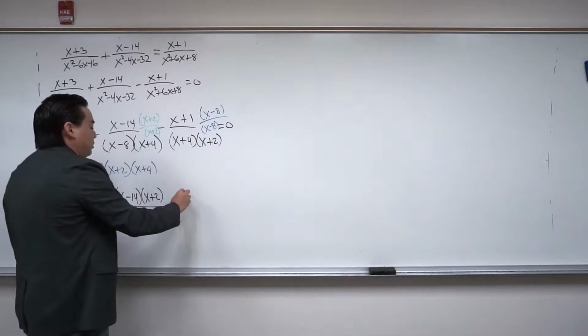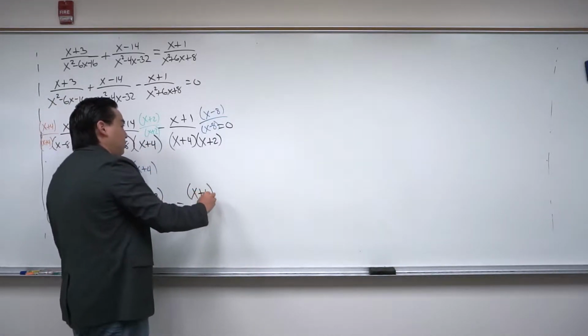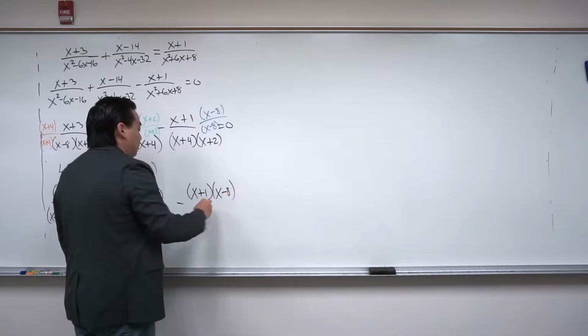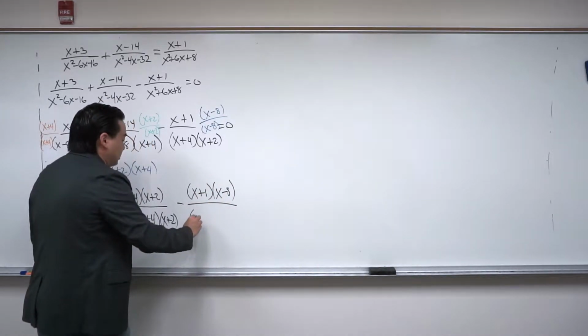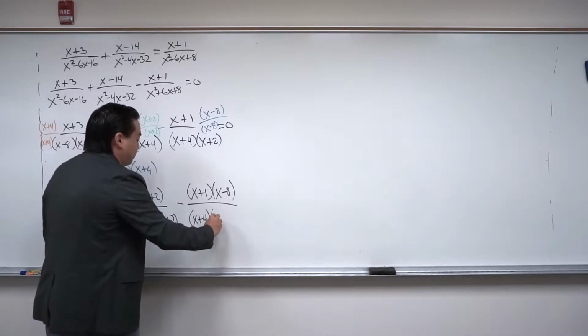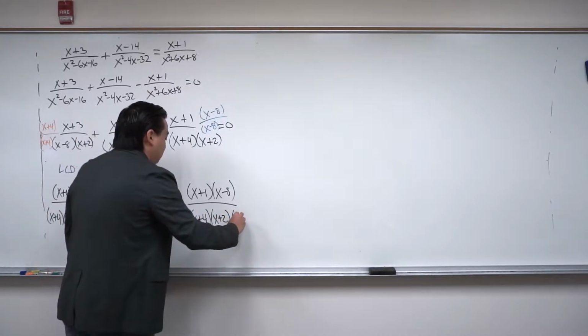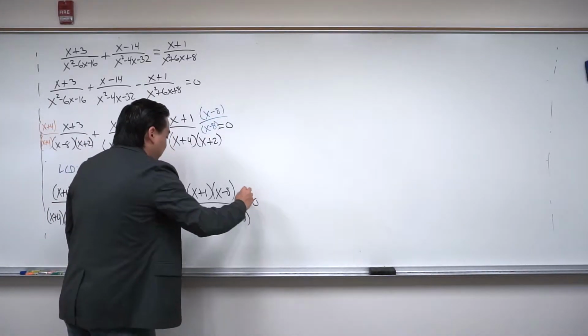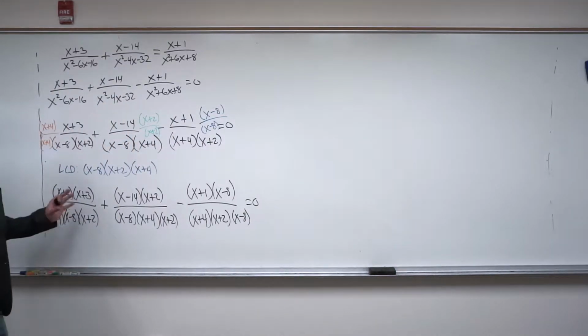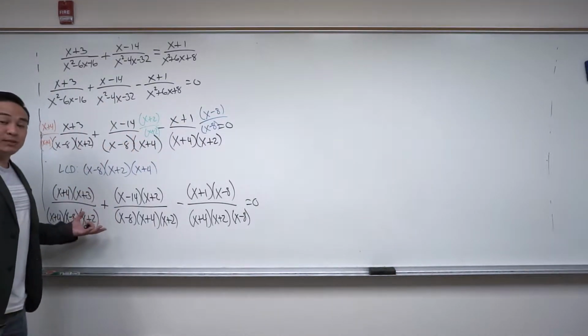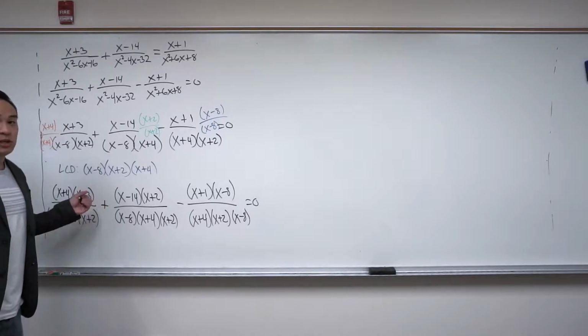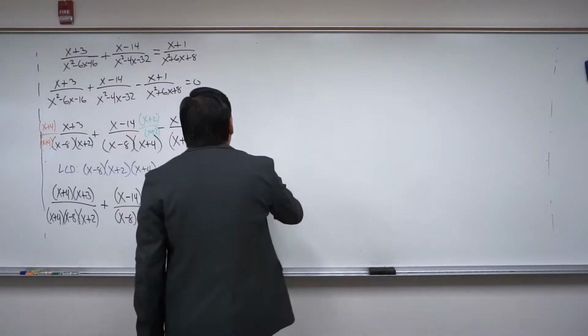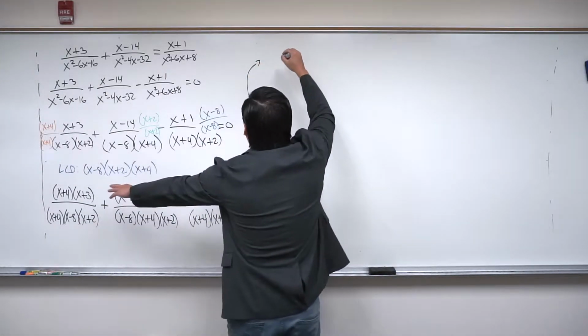And then the last one, which is x plus 1 times x minus 8 divided by that same multiplication. And it's still equal to 0. Fraction rule says, again, same denominator, we can add straight across the top and keep the bottom. So from here, we're going to add the top.